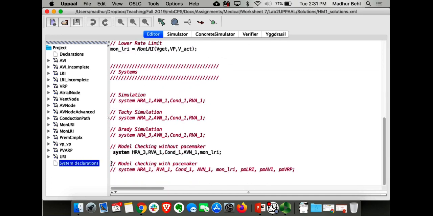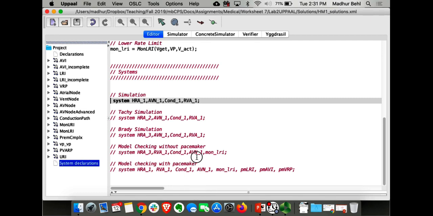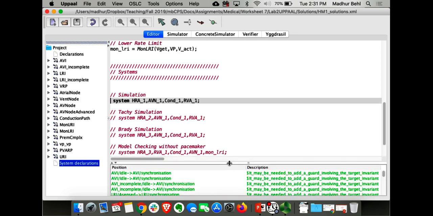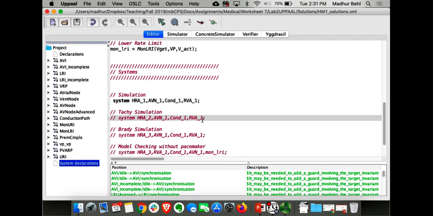I've already created many systems, so I'm going to comment out this one, and this is my heart simulation. Now I have a system which is just composed of the 4 objects that I just created. So this is now just a Uppaal question. What do I do next? What should I do next once I declare a system in Uppaal? What do you do next?